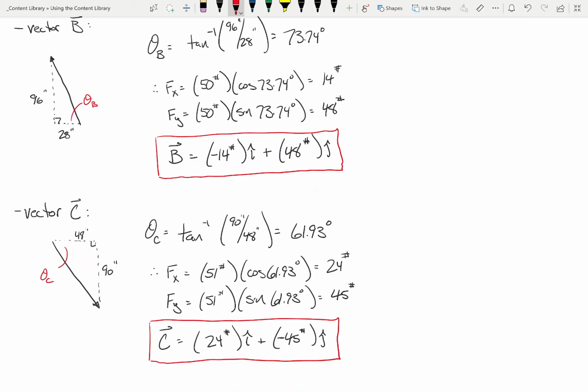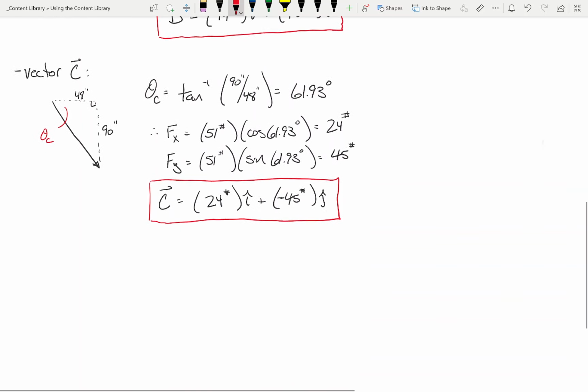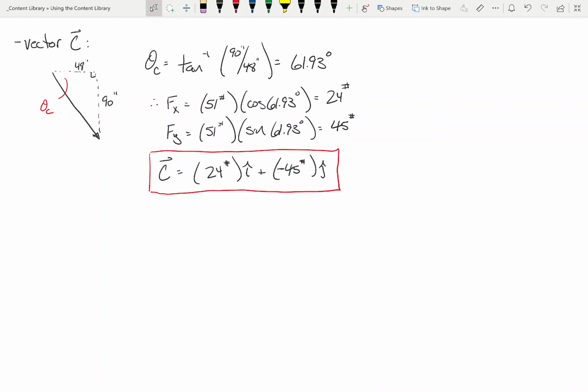I'll tell you this, there is also kind of a reason I like to contain my signs inside the parentheses. For me, I find it easier visually to add the vectors, but we're going to get to that here in a second, okay? Is everybody with me so far?